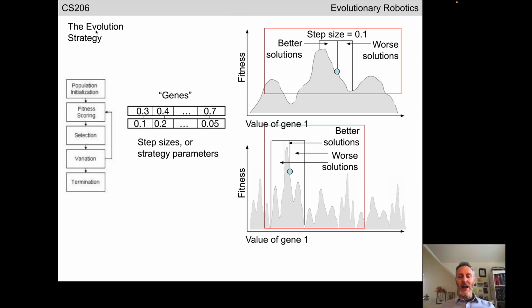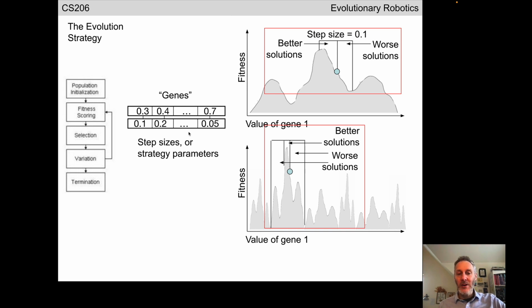So there is another evolutionary algorithm known as the evolution strategy, in which we have our N genes that represent a candidate solution to the problem, and each gene has associated with it a step size. So the genotype, which is now the encoding of the problem, is no longer a 1 by N vector, it's a 2 by N matrix.